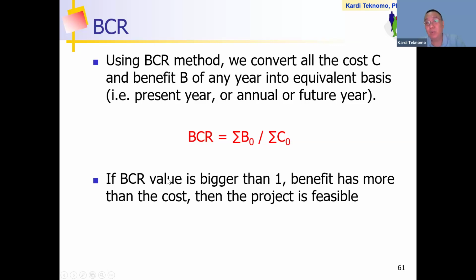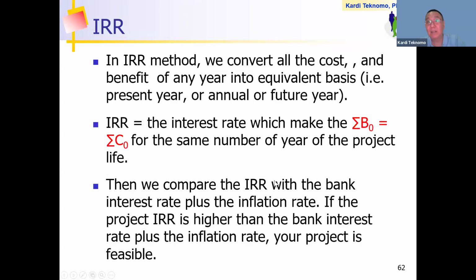For the BCR value to be good and feasible, it must be bigger than 1. Why? Because it means the benefit is more than the cost. IRR is the same. To compute IRR, we convert all the costs and benefits of any years to an equivalent basis, for example the present year, the annual, or the future year. So what is IRR?